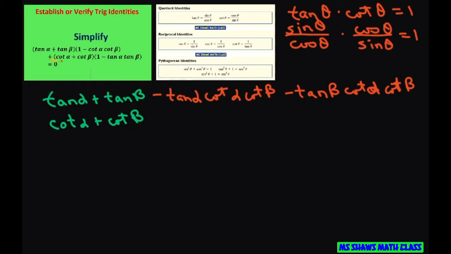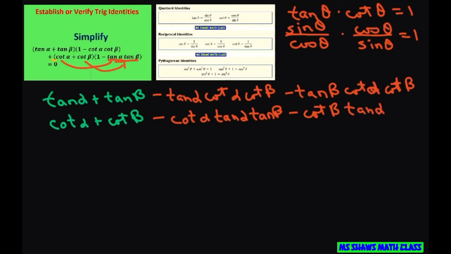We're going to multiply cotan of alpha times this, and then cotan of beta times that. It's going to be minus cotan of alpha, and then we have tan of alpha, tan of beta. And then do it again with cotan beta. Just be careful, it gets a little confusing.